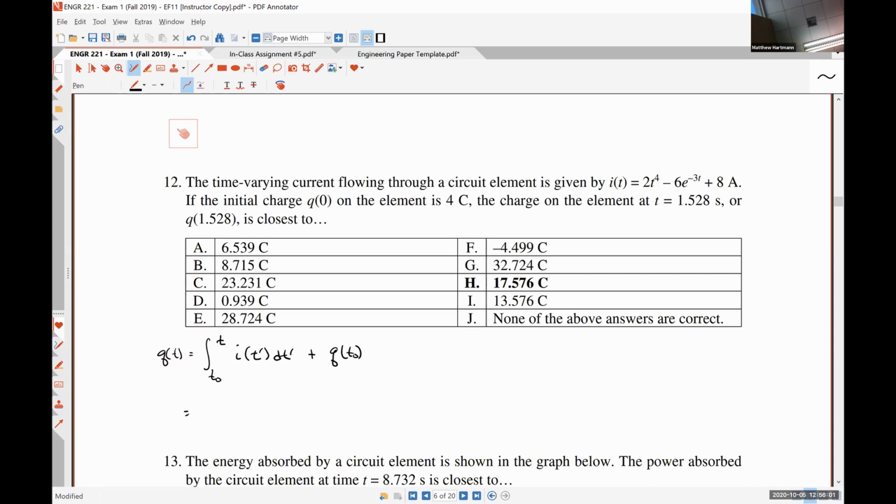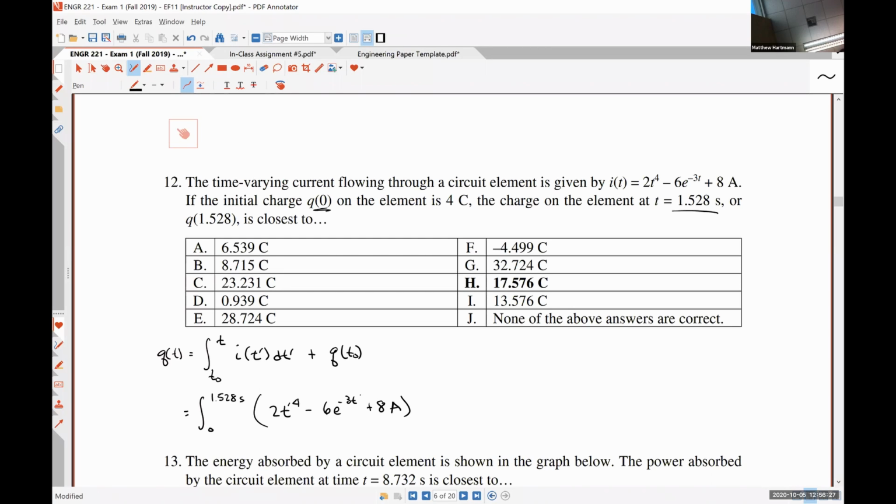So in this case, we know the charge at t equal to 0, so 0 is the lower bound of integration. We're looking for the charge at 1.528 seconds, so that is our upper bound. We are integrating the function 2t to the 4th power minus 6e to the minus 3t plus 8 amps.